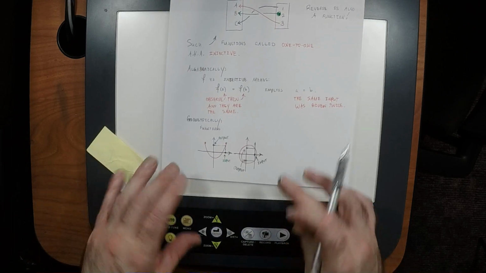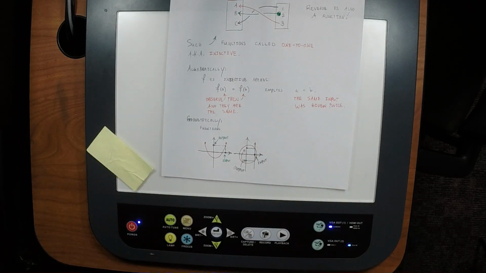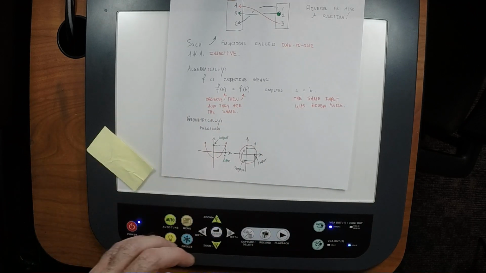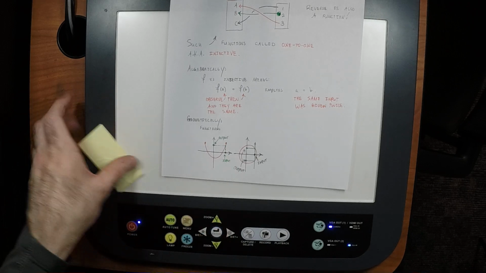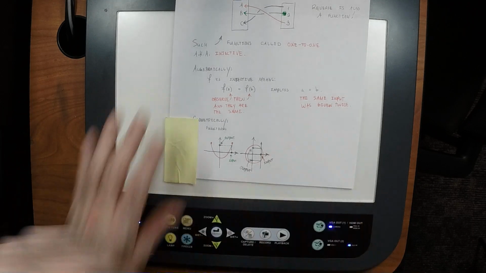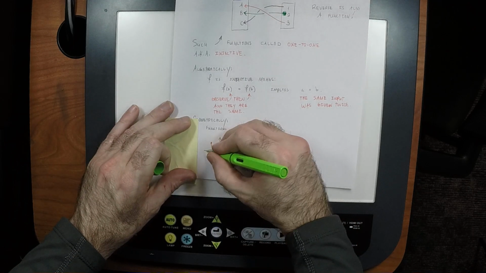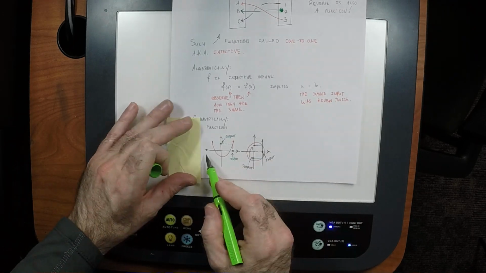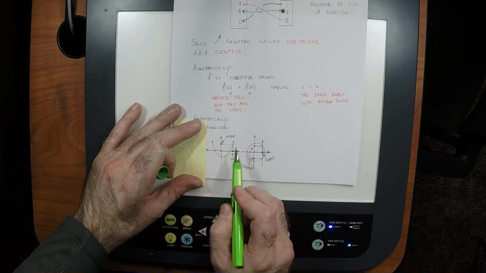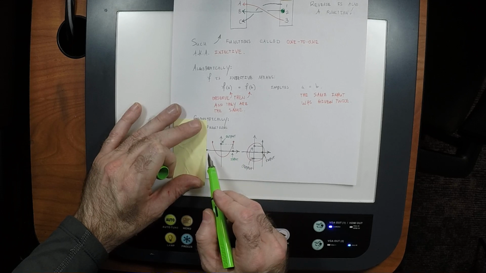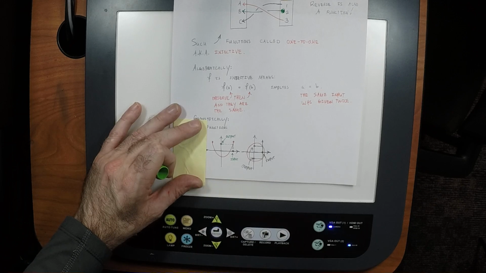So, this visual consideration is called the vertical line test for a function. Because, for example, this point right here, do you notice that it intersects the plot 0 times? That means it's not in the domain.